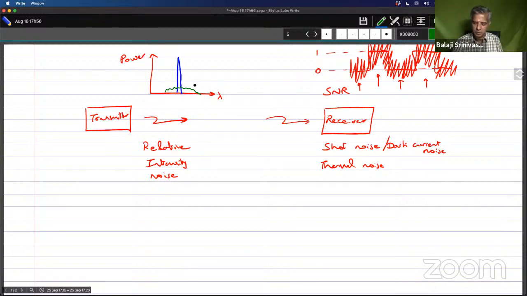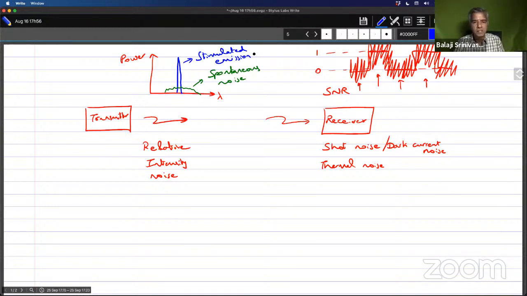Okay, so what is this? This is what you call spontaneous emission, whereas the laser light is typically due to stimulated emission. So why am I calling spontaneous emission noise? Because spontaneous emission does not have a consistent frequency.